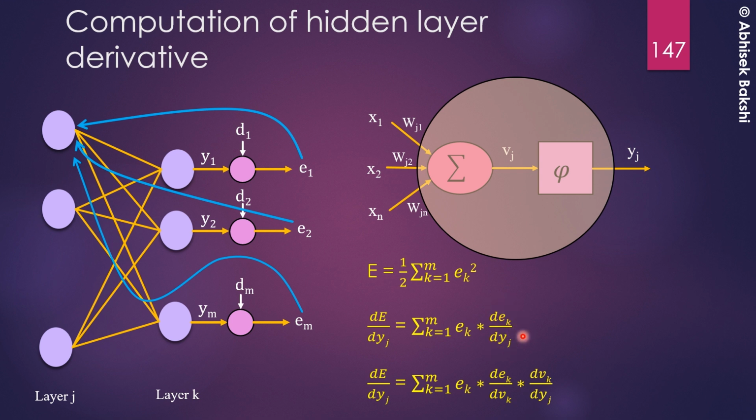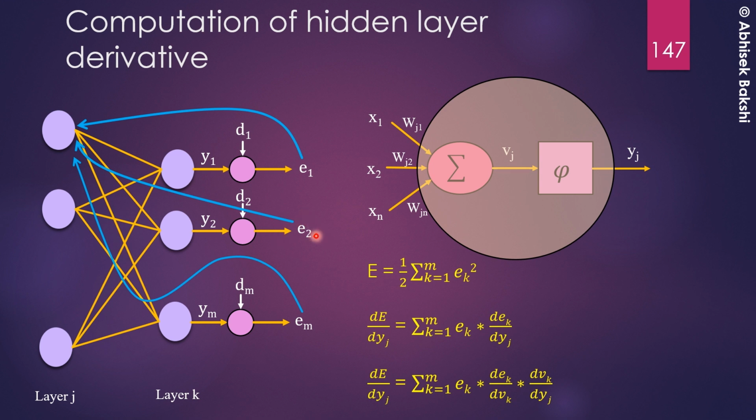The connection between dek and dyj is vk, because right now, just for understanding, this particular neuron is not representing a neuron of the output layer. It is representing a neuron of the hidden layer. So assume that this neuron is this one, and this yj came out from this one, which went to the output layer, and then we got these errors.